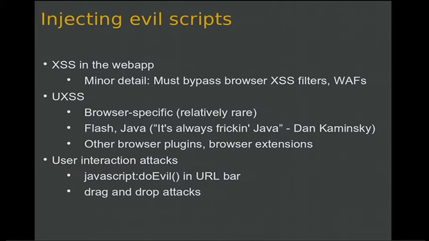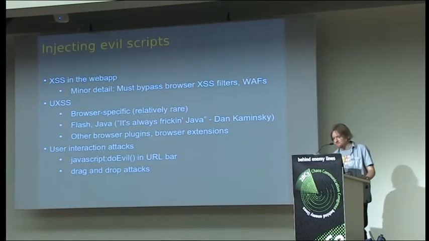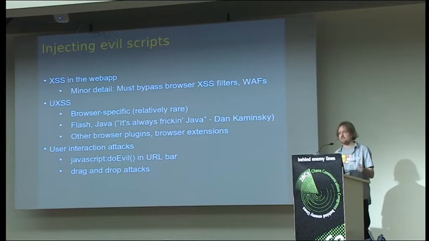So it's not necessarily that you, as the web application author, have done something wrong. It's possible that there is a bug in a plugin that the user has installed on their machine, and to quote Dan from yesterday, it's always frickin' Java, and it really is, because very recently there have been examples of universal cross-site scripting in the Java plugin that's still very widely installed.